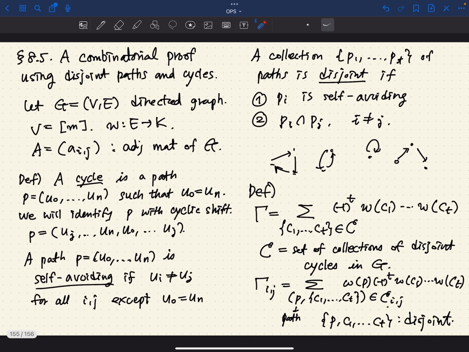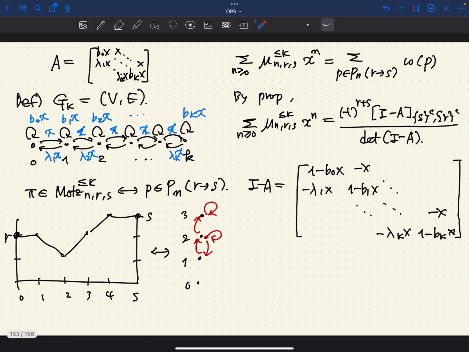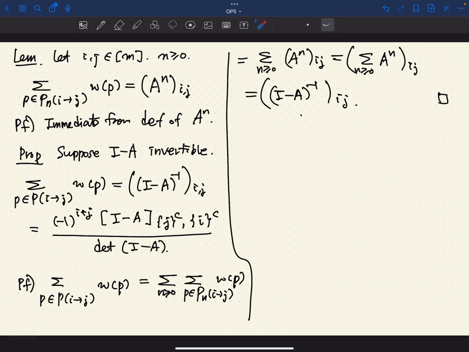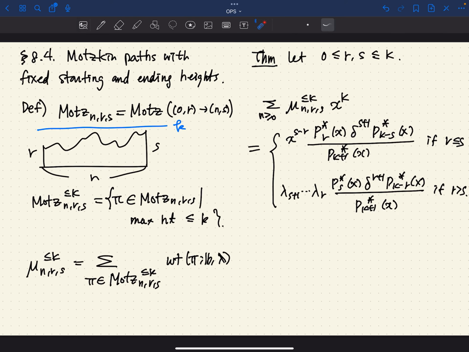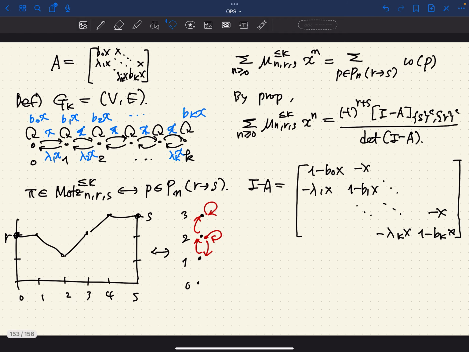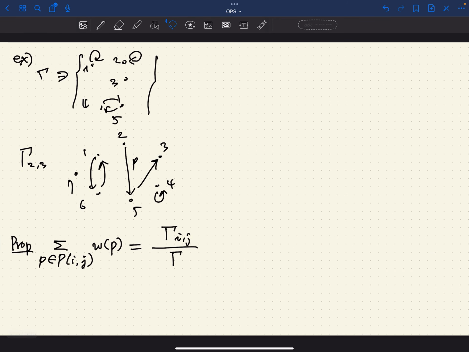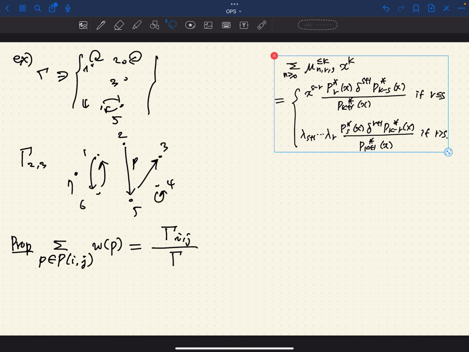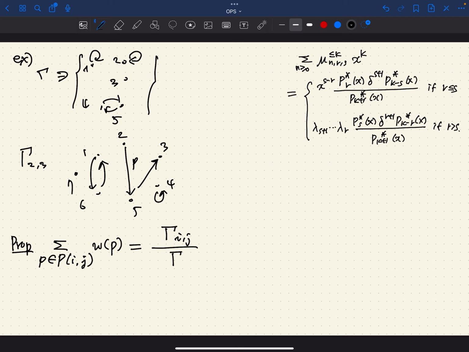Now we want to prove this theorem. Where is it? Yeah, this is the theorem that we want to prove.